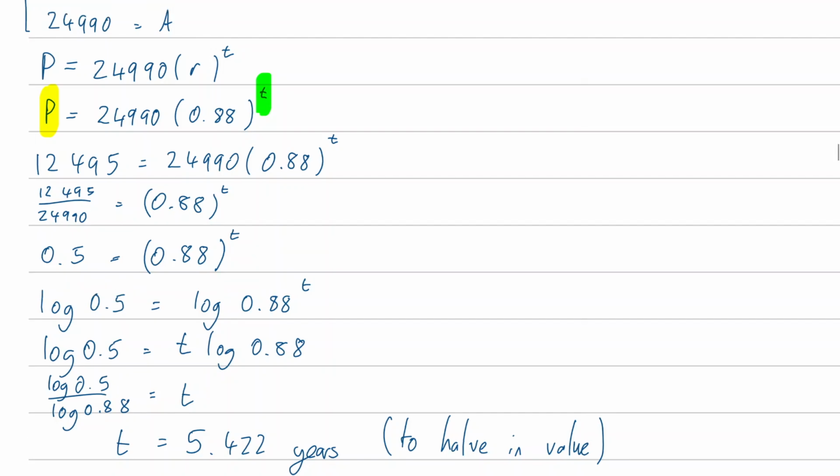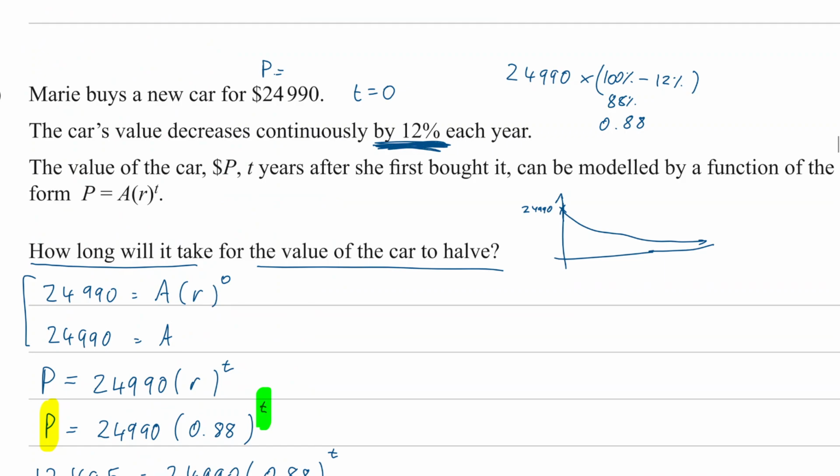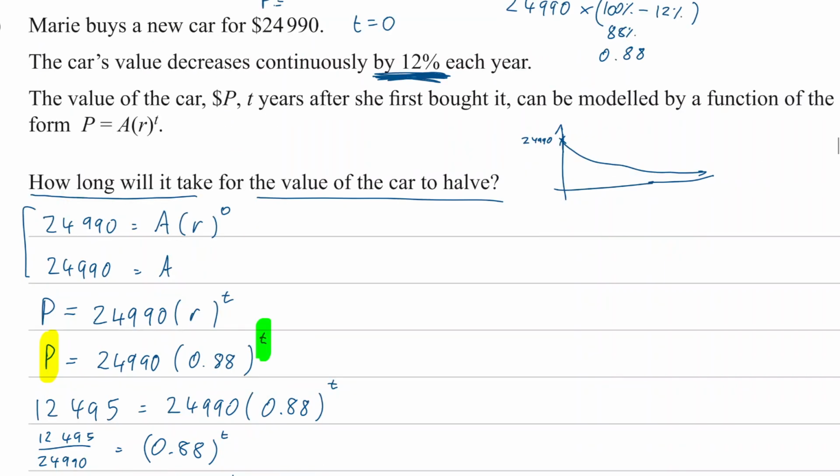All right, so just to recap that so far, we have an exponential decay problem, and we had to work out the model. They gave us a hint, the general form of the model, but we worked out A, which was just the initial value. We worked out R, which was 0.88, which is 1 minus 0.12, because it decreases by 12% each year.